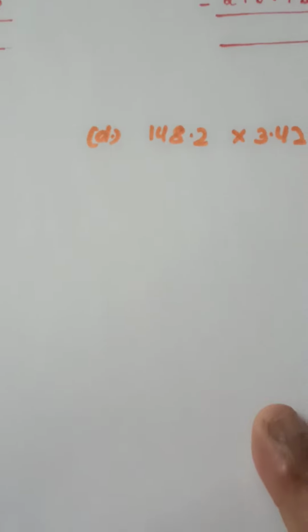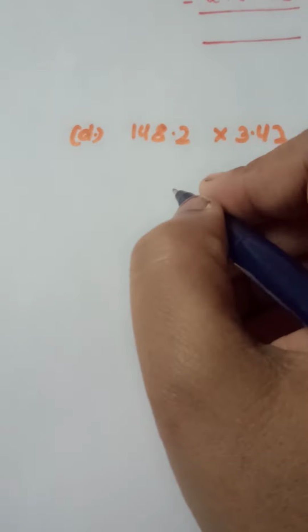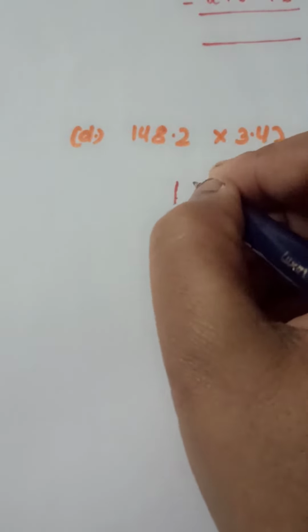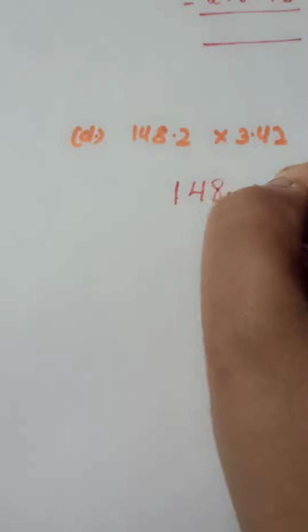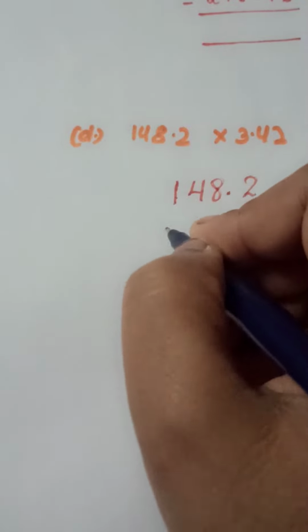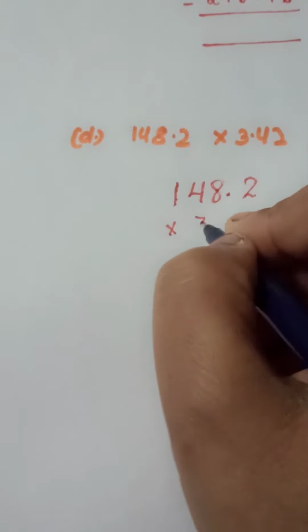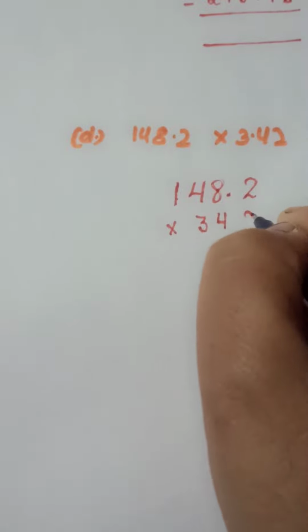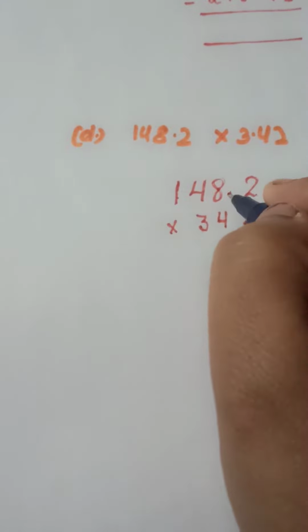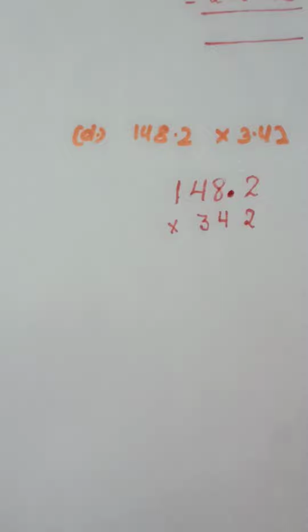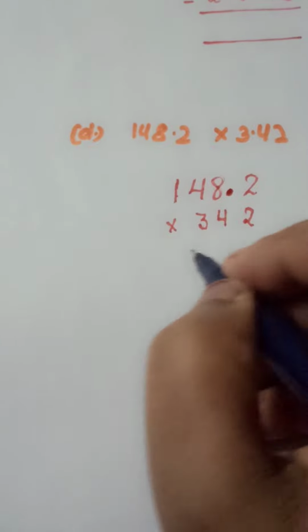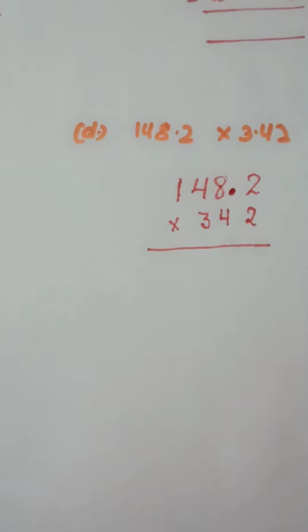Then this one, multiplication, 148.2. And we need to multiply it with 3.42. What we'll do, we'll just remove this decimal, don't consider that the decimal is over here. Then simply multiply it.